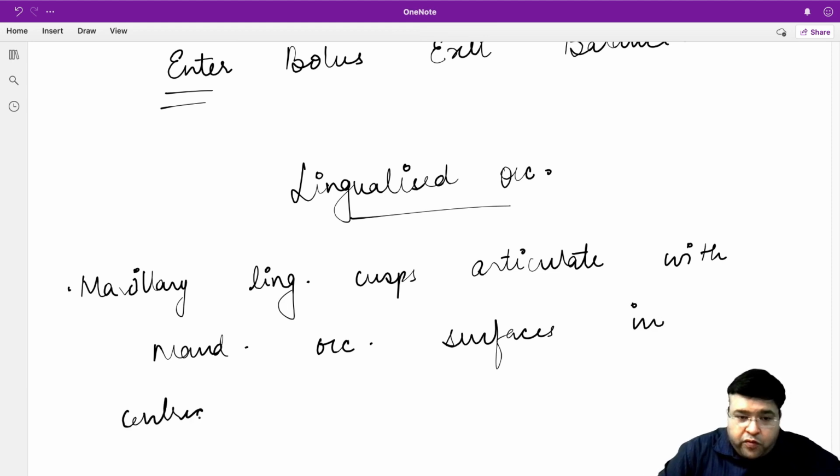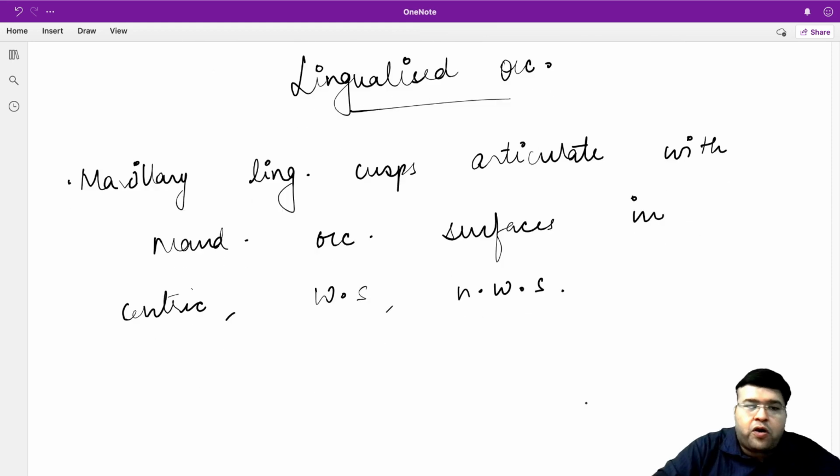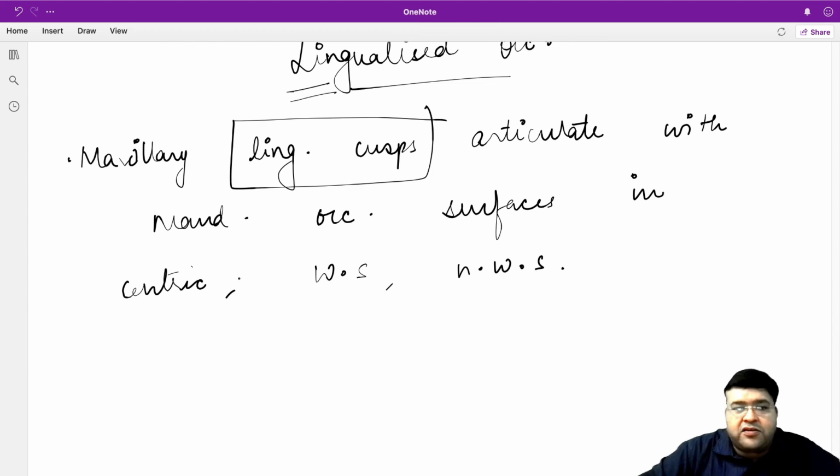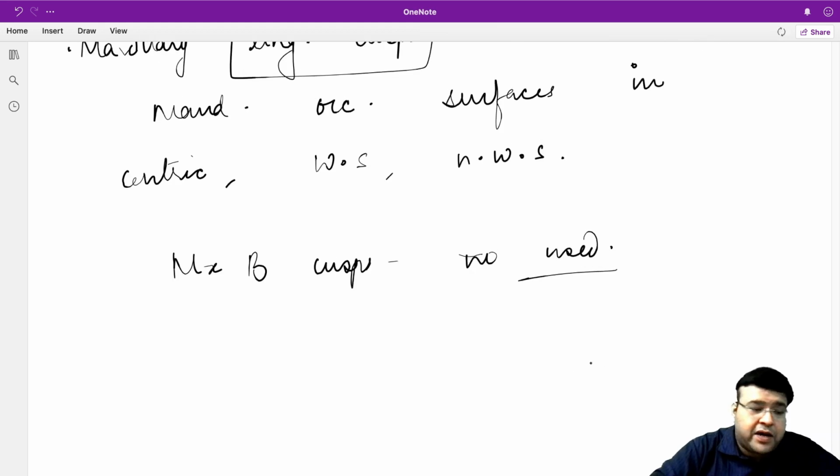In centric movement, in working side, in non-working side. In all the movements, only the maxillary lingual cusps. That means in lingualized occlusion, the maxillary buccal cusps are of no use. They are not used, the maxillary buccal cusps.